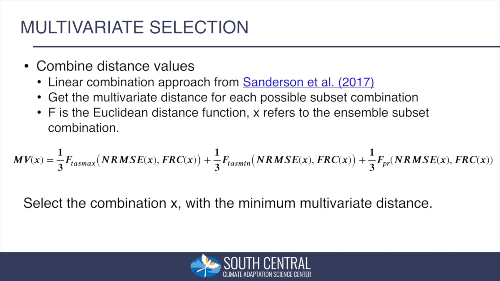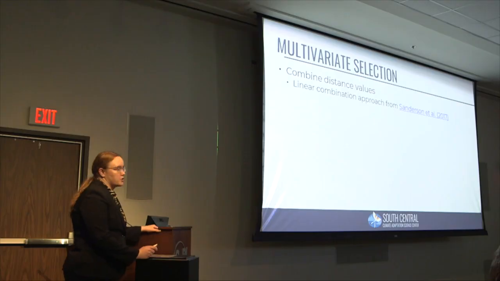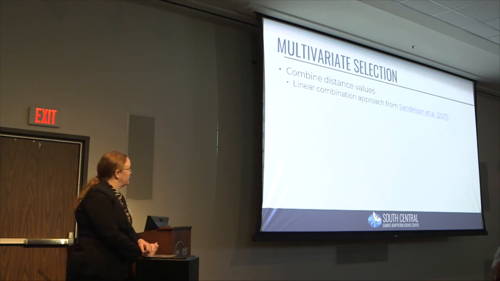Of course, we have to do that Euclidean distance calculation for each variable independently. And so we ran into the problem of how you combine information from multiple variables. Fortunately, a similar situation was run into by Ben Sanderson in 2017, and he proposed a fairly simple and very effective linear combination approach, from a multivariate weighting scheme he was devising.